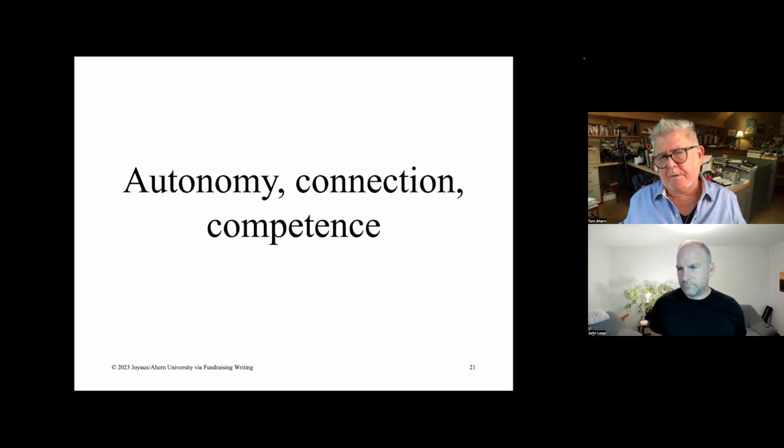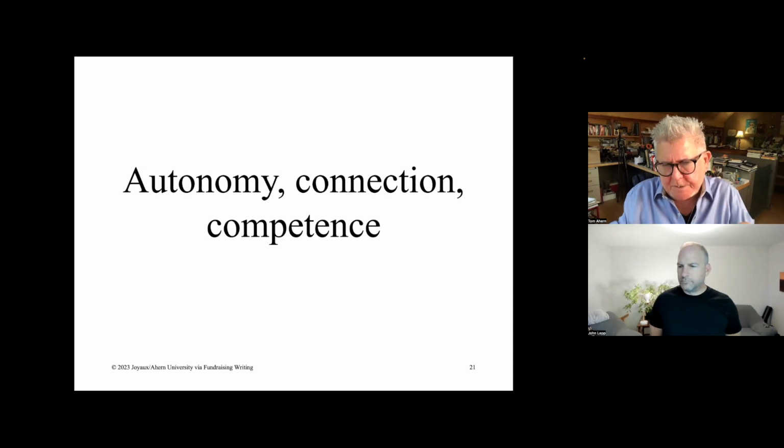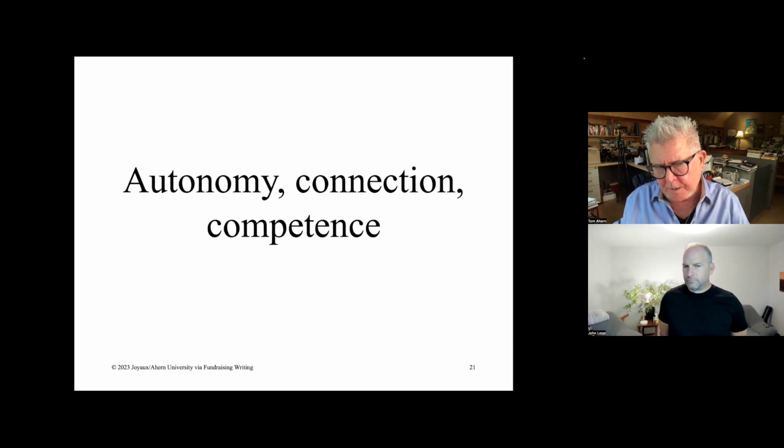Jen was passing along some fairly common, I soon learned, thinking that is current in psychology, which is that human well-being is based on these three things: autonomy, connection, and competence.